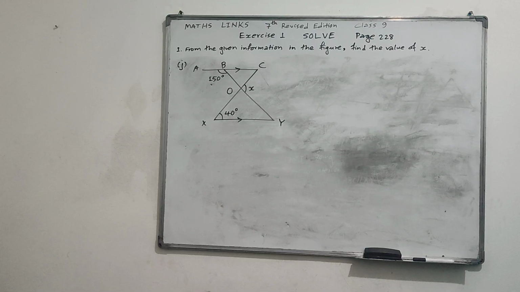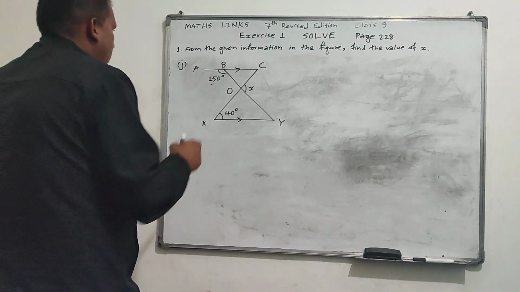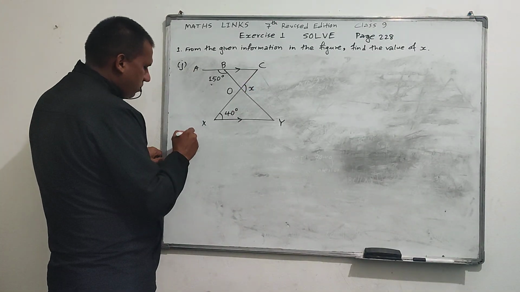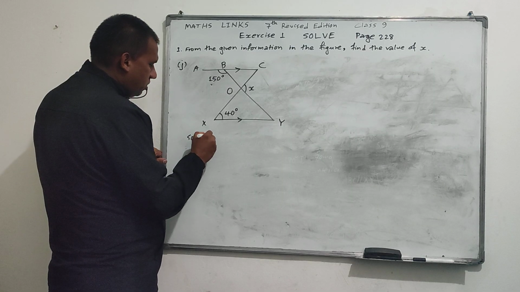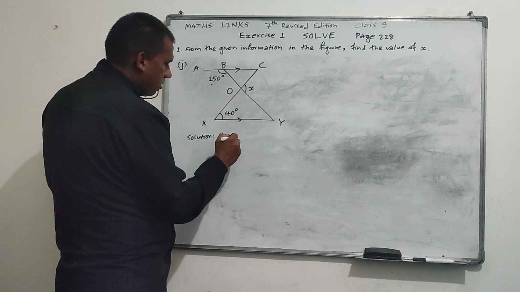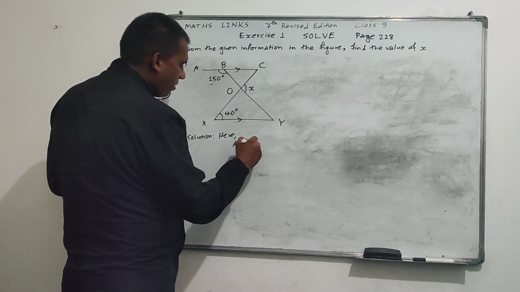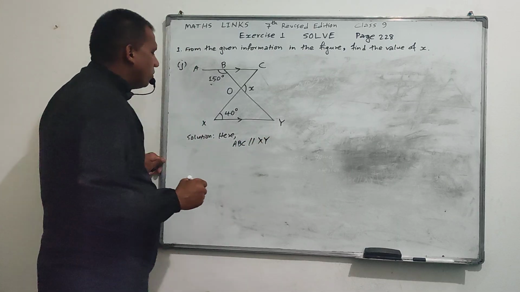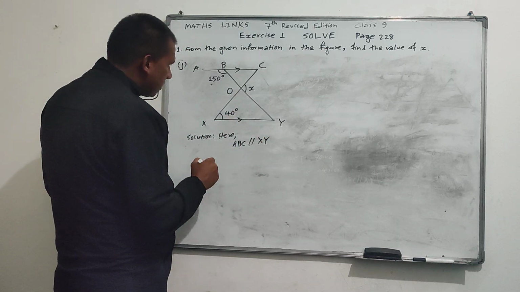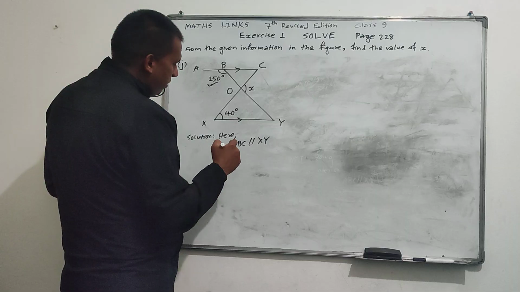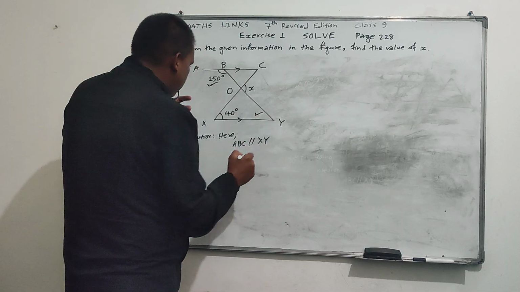Okay students, now 1J. Here in this figure, line ABC is parallel to XY. We have to find the value of x. 150 and angle XYO are co-interior angles.